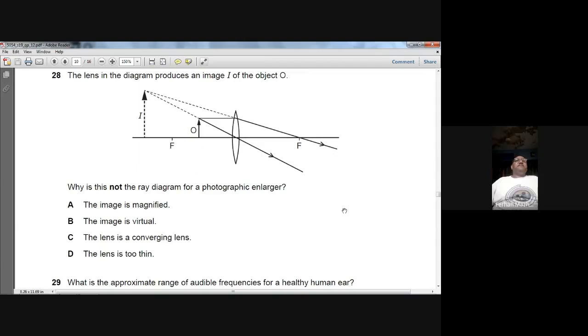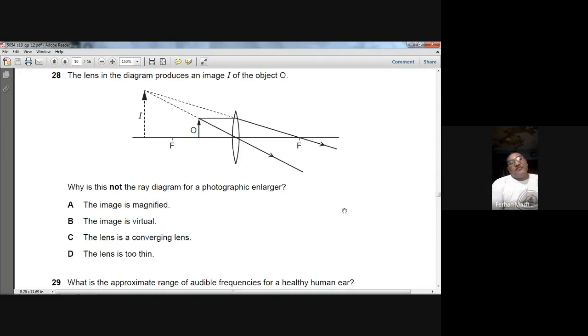Question 28. The lens in the diagram produces an image I of the object O. Why is this not the ray diagram for a photographic enlarger? You know, when we use a photographic enlarger, that makes a real image on a screen of a photograph.